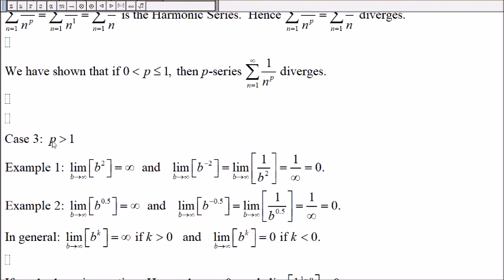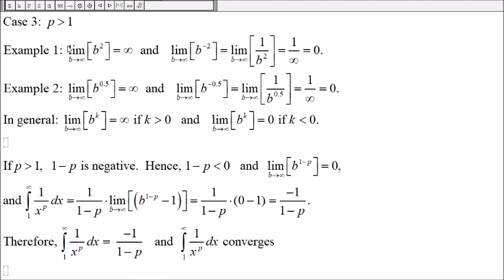Alright, now for the case where p is greater than 1: if p is greater than 1, then 1 minus something greater than 1 is negative, and so 1 minus p is less than 0. And so we have the limit of b with a negative exponent, which is equal to 0.